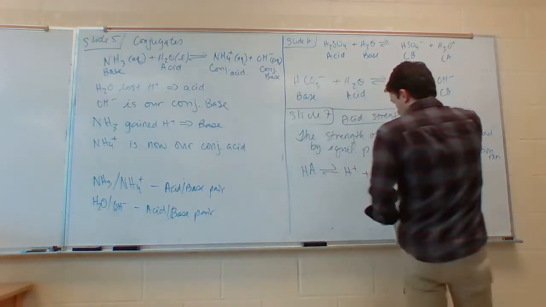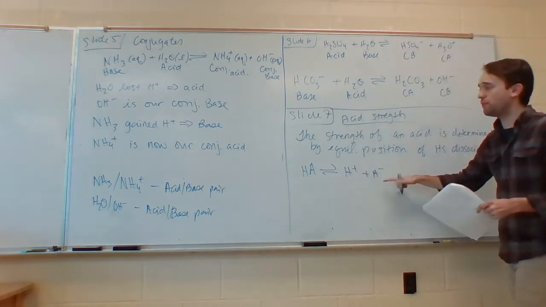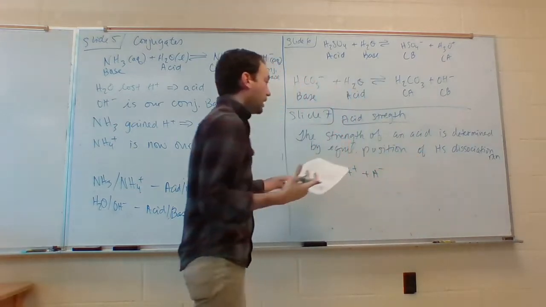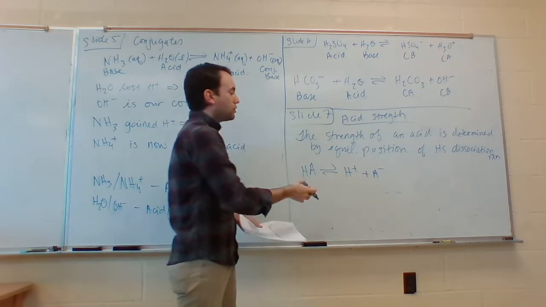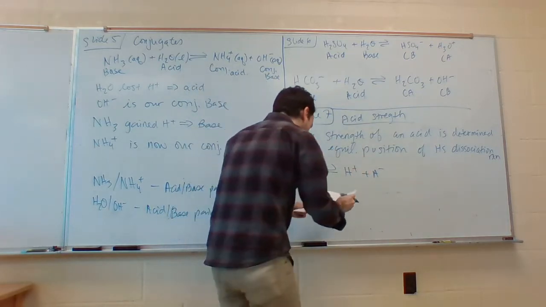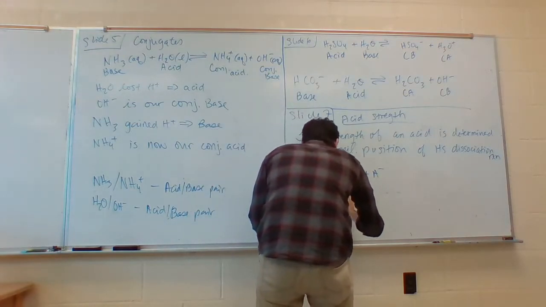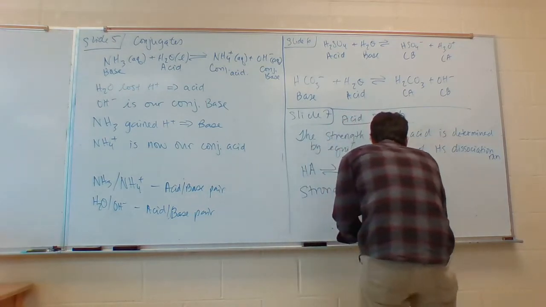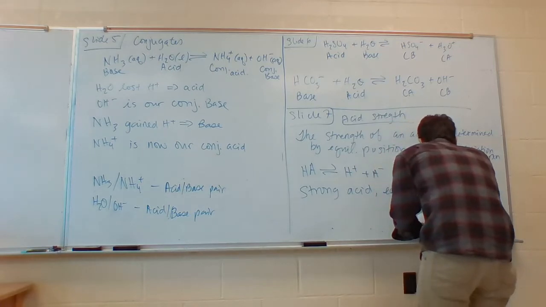So if we look at that, we now have dissociated into our ions. So it's determined by our equilibrium position. We're looking for our Ka and the concentrations associated with this HA splitting up. Now, for a strong acid, the equilibrium lies far to the right.